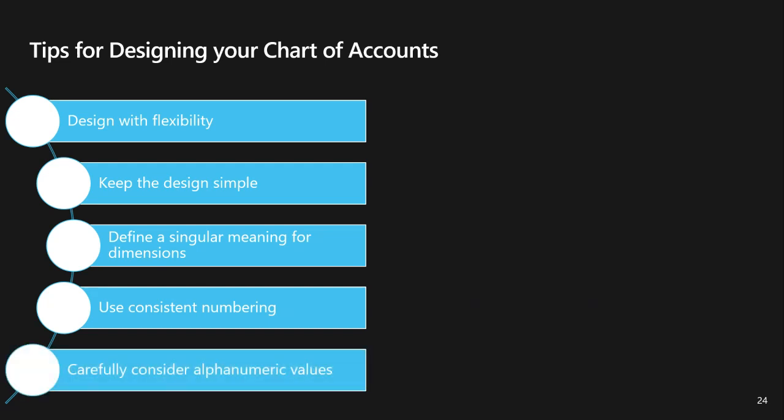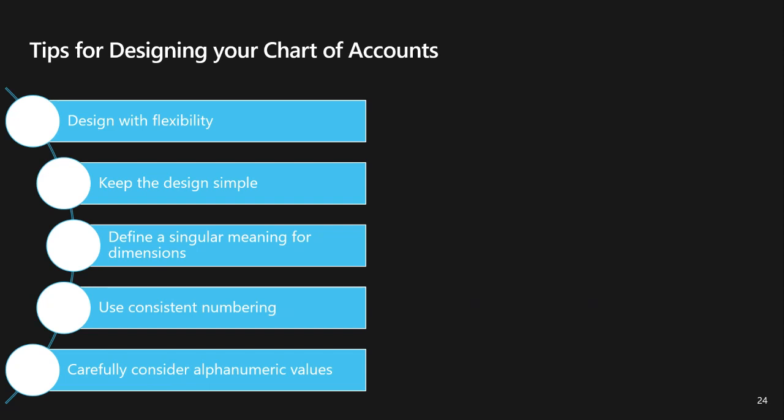Carefully consider alphanumeric dimension values, which is another one from main account. Although we support alphanumeric values, meaning alphabetic characters and numeric digits in the dimension value, carefully consider if this makes sense.